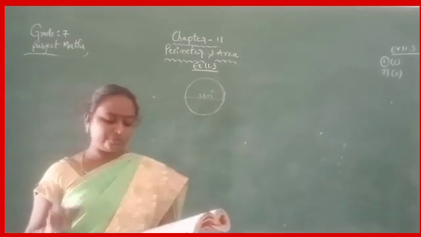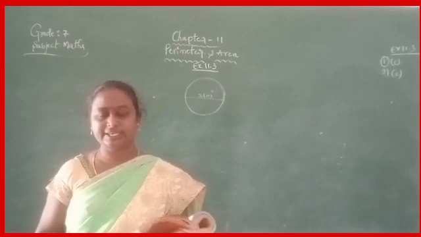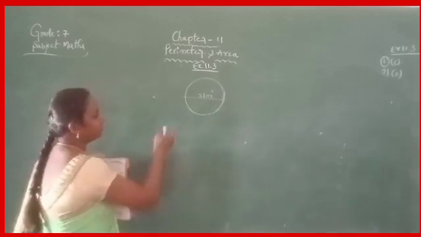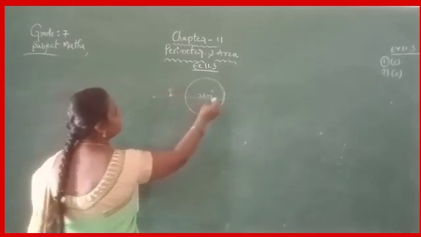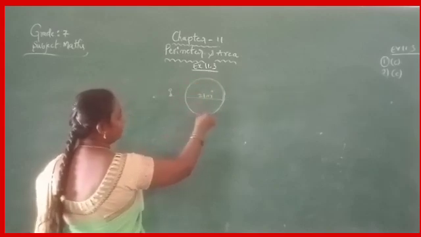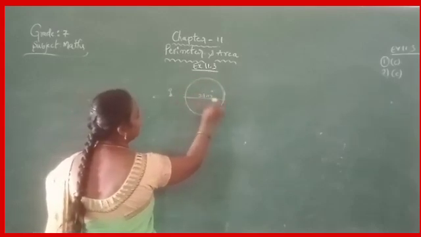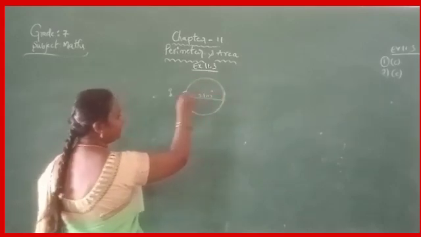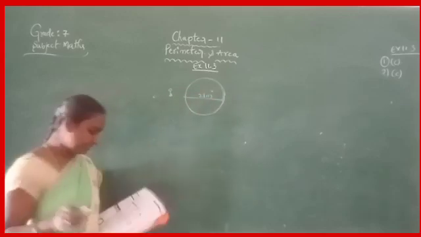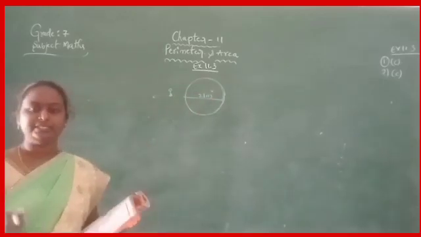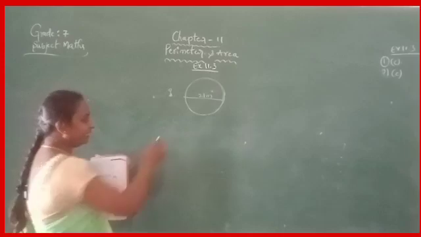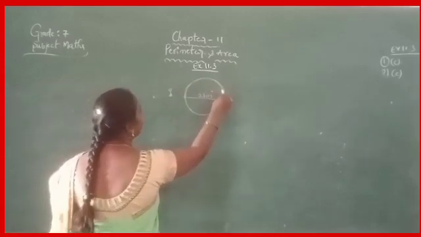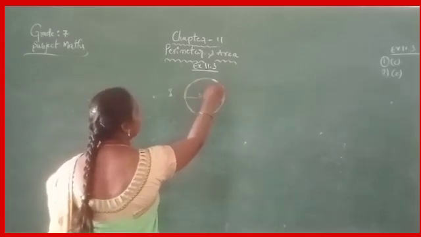Right. So once again listen. The gardener wants to fence a circular garden of diameter 21 meters. Then find the length of the rope he needs to fence. That is, he wants to fence 2 rounds.